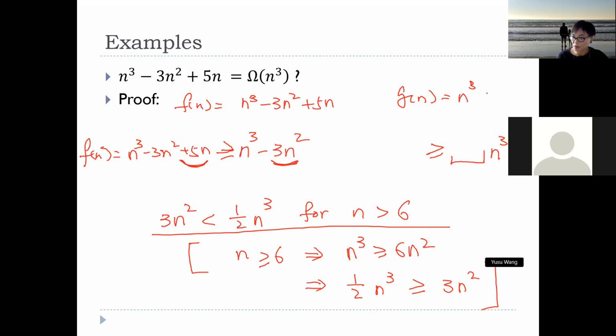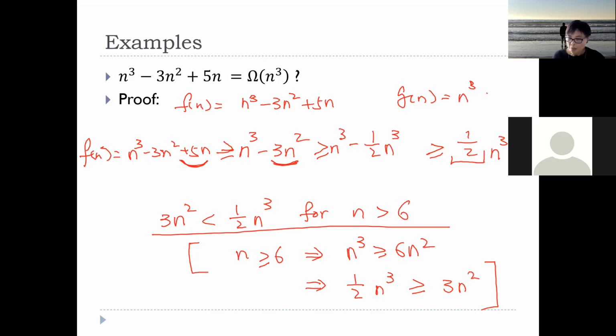Okay, so this is a proof of the statement. So what we know is that for n bigger than 6, this is bigger than n cubed minus 1/2 of n cubed, which means that this is bigger than 1/2 of n cubed. So that's how we prove it.